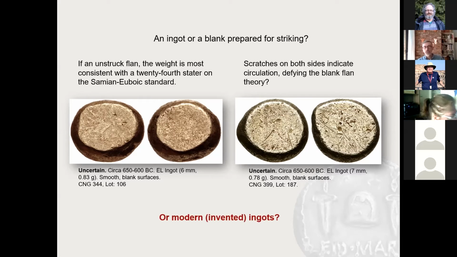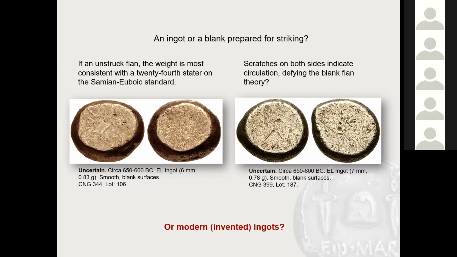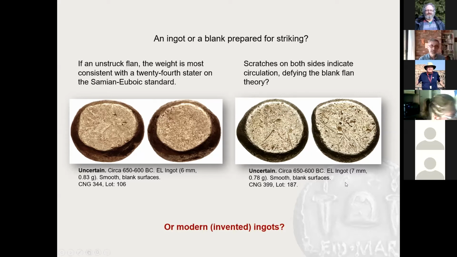There's always this question if these blanks are modern invented ingots. There are, of course, tests to understand if they're old or new, but they're both costly and sophisticated, and most of the time it's not worth going through the trouble.